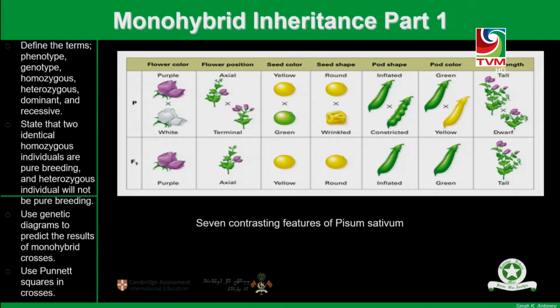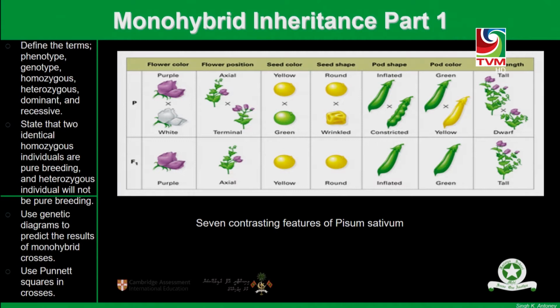When we consider the flower color, some of them were giving flowers with purple color, others with white color. I have separated out purple; the reason you will learn as we proceed with the lesson. Then the position of the flower: some of the flowers are axillary, others are terminal.